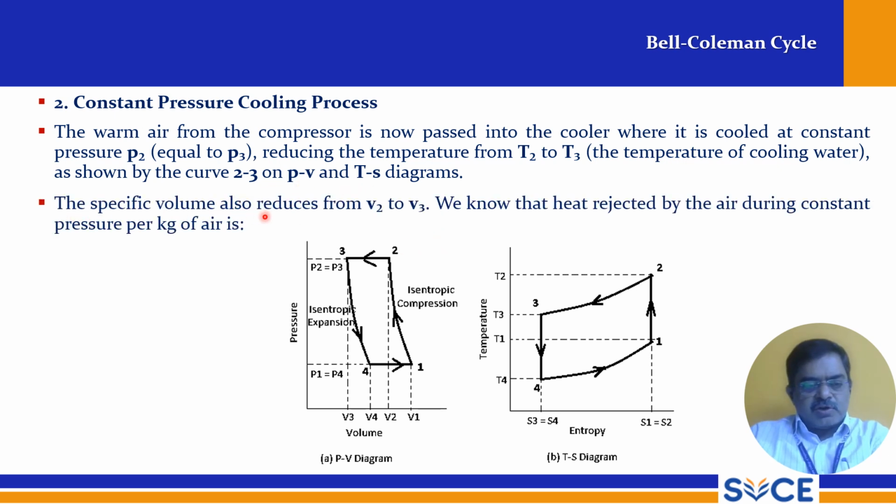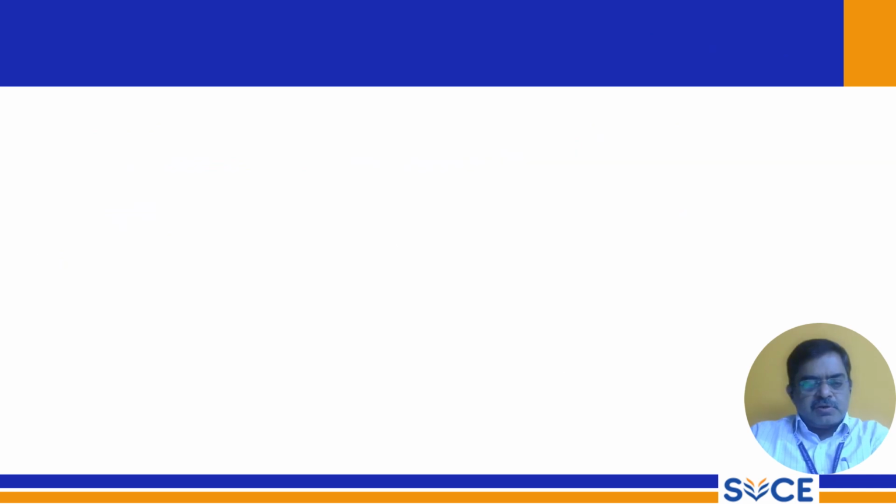The specific volume also reduces from V2 to V3. We know that heat rejected by the air during constant pressure process per kg of air is given by QR equal to Q2-3 equal to Cp (T2 minus T3).